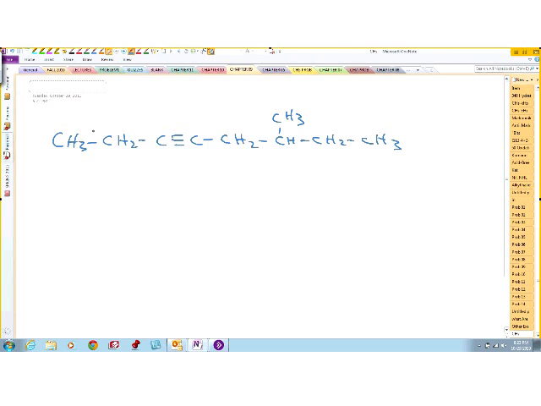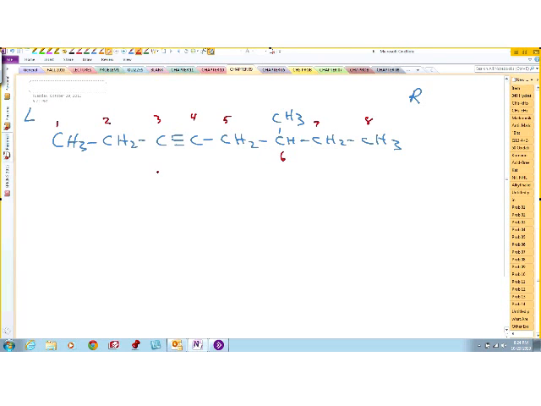So what will be the numbering here? Let us say this is left and this is right. Do you start numbering from the right or from the left? From the left? Okay, very good. So that is 1, 2, 3, 4, 5, 6, 7, and 8.